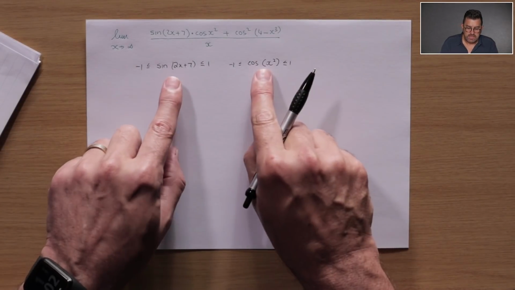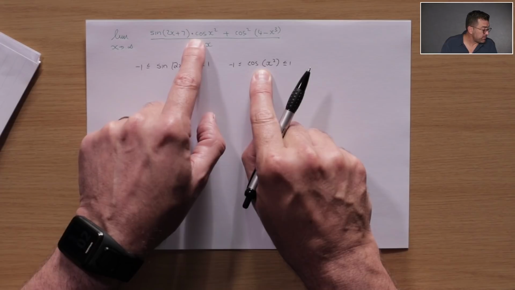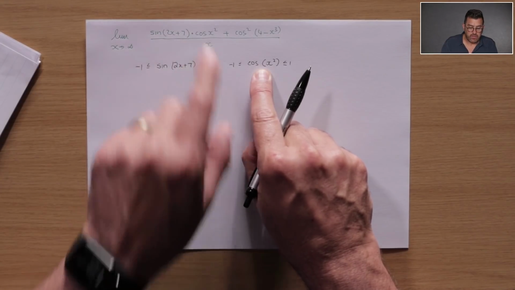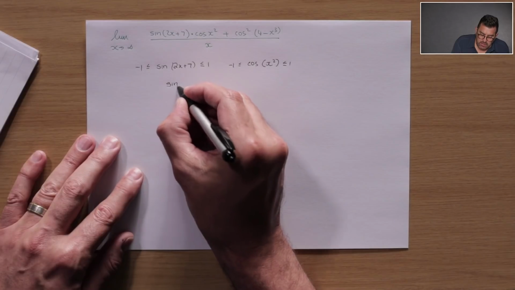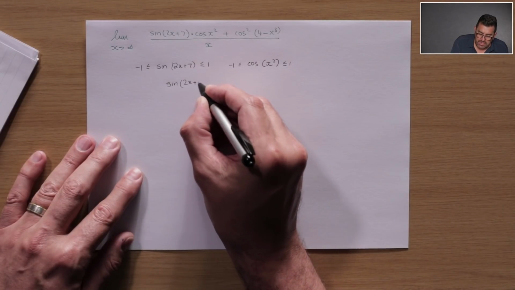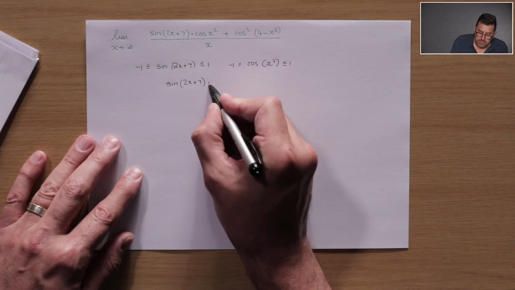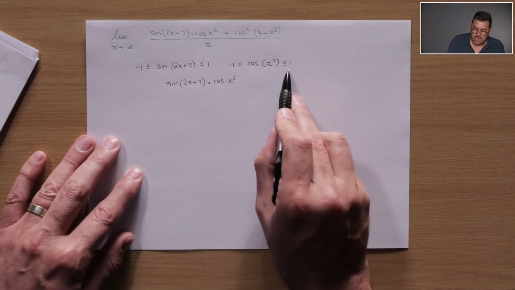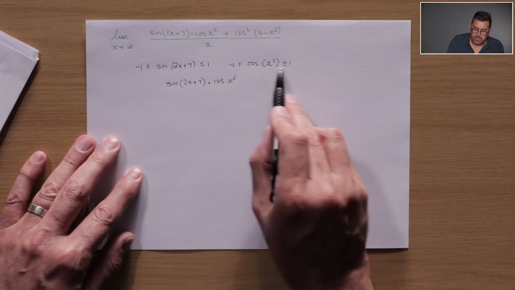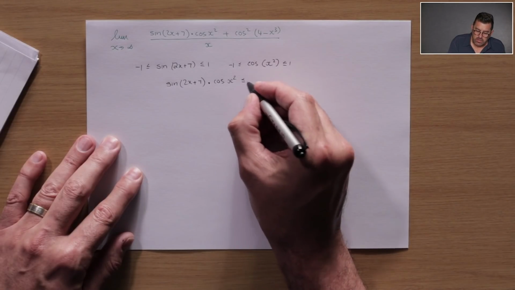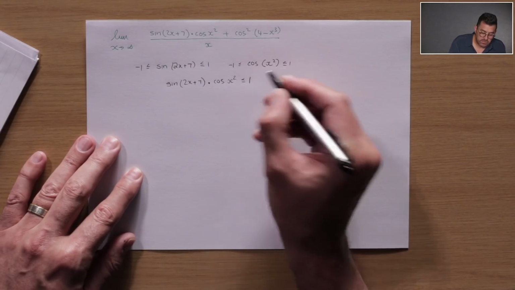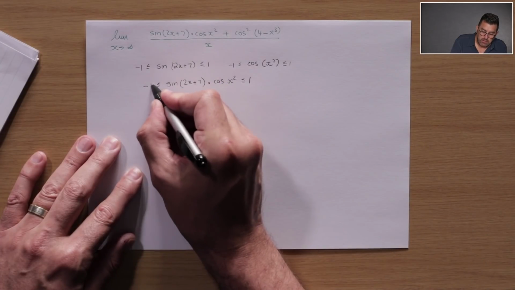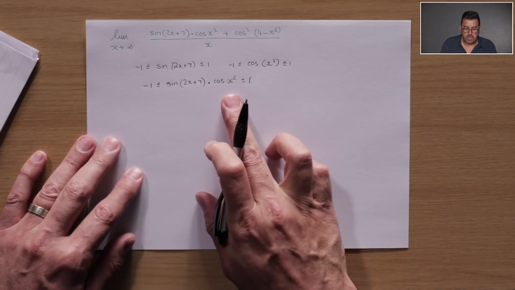Okay? So what's going to happen if I multiply these two together? So in our product now, the sine of 2x plus 7 multiplied by the cosine of x squared, because they lie between those two limits, they would continue in the product to also lie between the two limits.